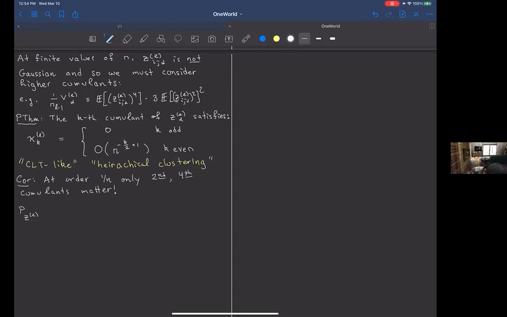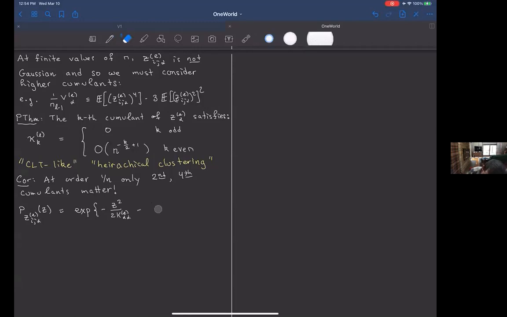I'll write it for a single input for simplicity, but this is true for any number of inputs. If you don't care about things beyond a first order correction, roughly speaking, you'll have the Gaussian piece that you have to deal with, and then you'll have the quartic piece you have to deal with.